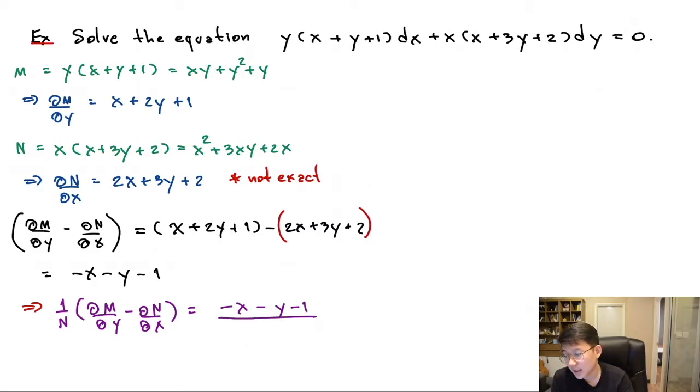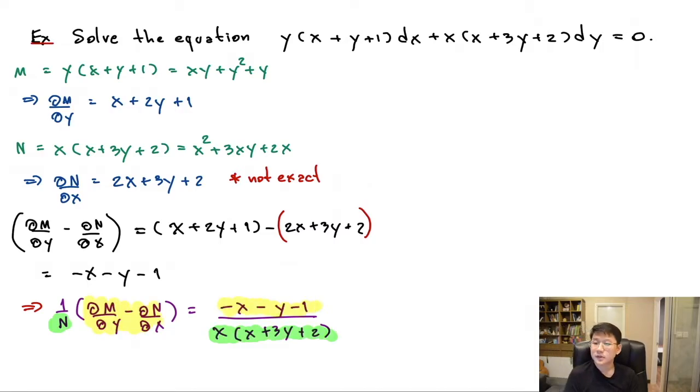N is x squared plus 3xy plus 2x, which is x times (x plus 3y plus 2). Okay, this guy is N, and this guy is this. Make sense?